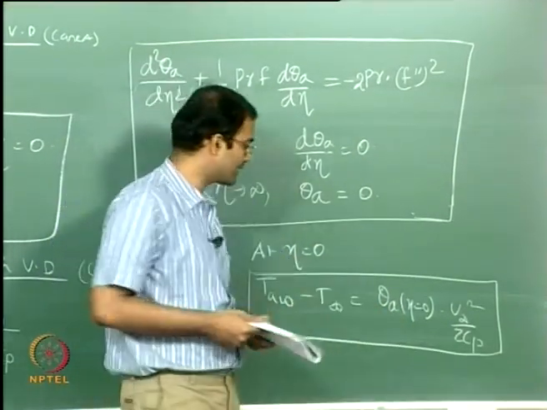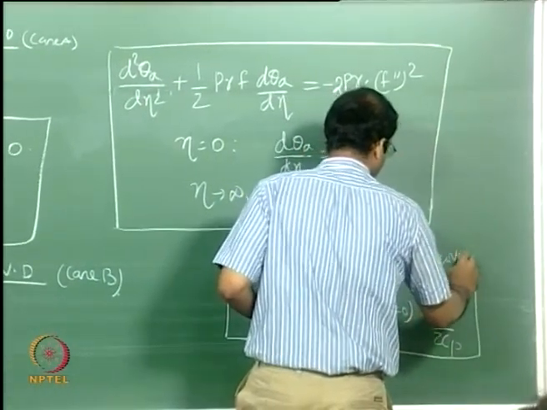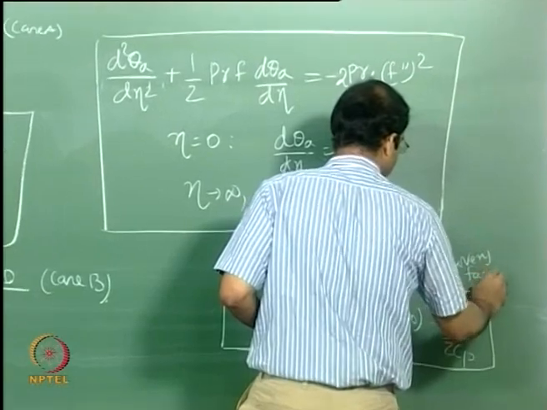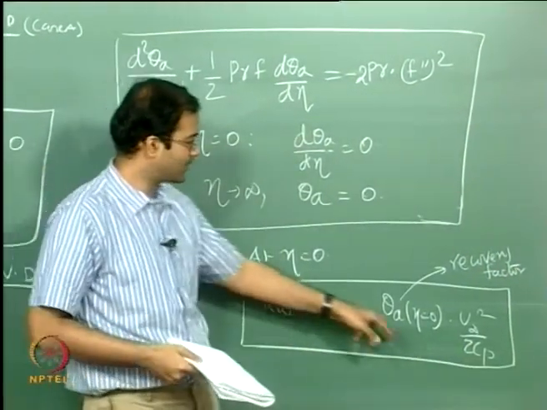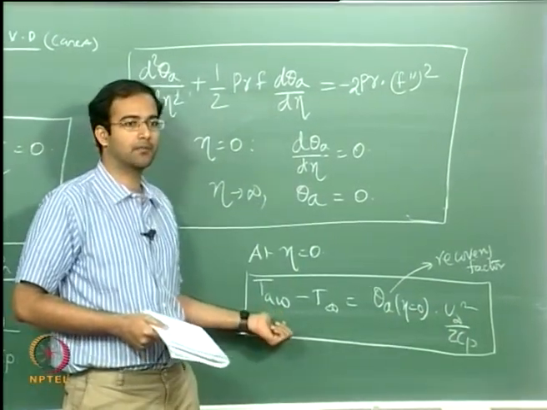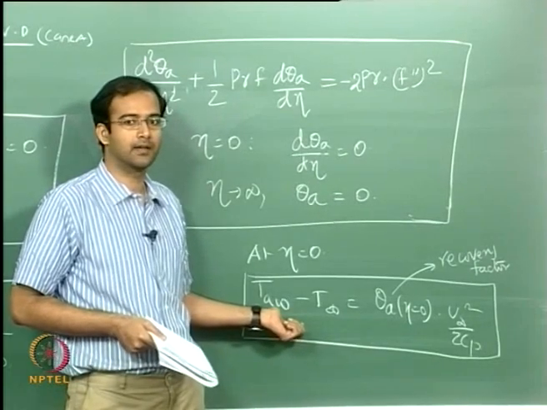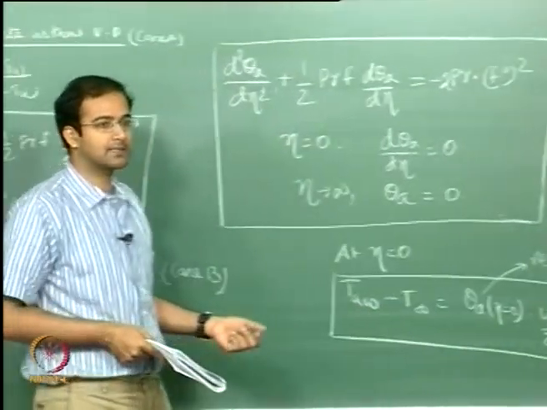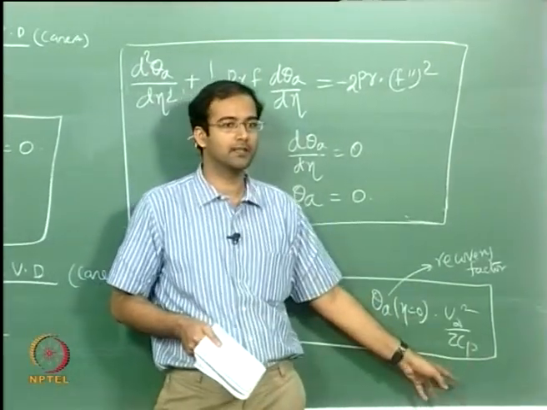So this factor is also called the recovery factor. Although this is a non-dimensional temperature, this basically relates your dynamic head to the adiabatic wall temperature. So this is also called the recovery factor. What you have defined as a stagnation temperature is something like T infinity plus U infinity square by 2 Cp.